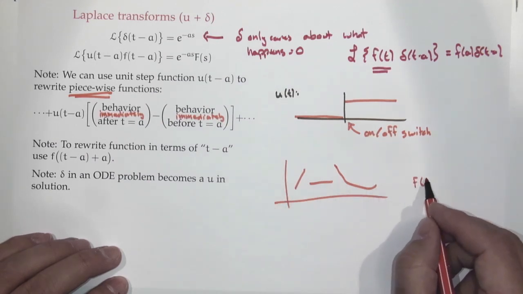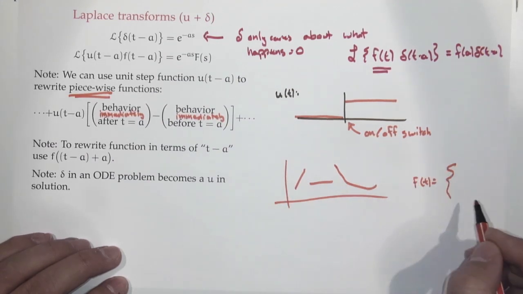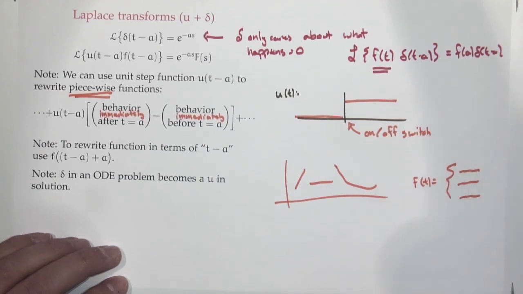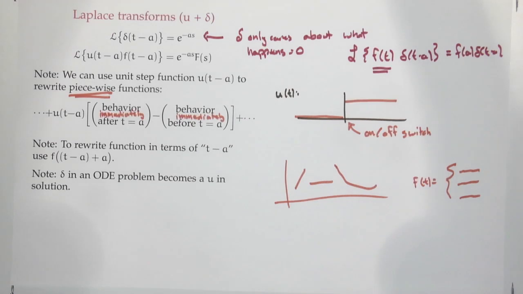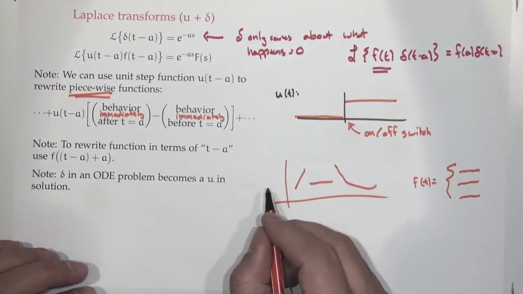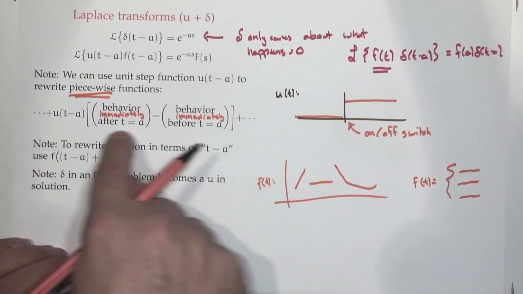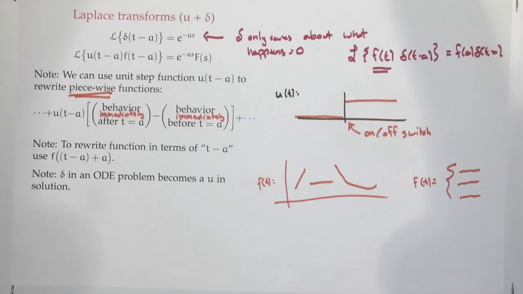Or you might have a function expressed in this way. It's this part, then it's that part, and then it's that part. But our goal is to say, look, ultimately, we want to rewrite it as some sort of equation that we can feed into Laplace transform. So that's why we want to be able to rewrite it using this u of t minus a.